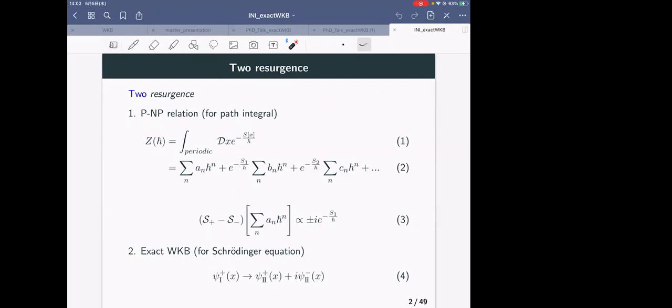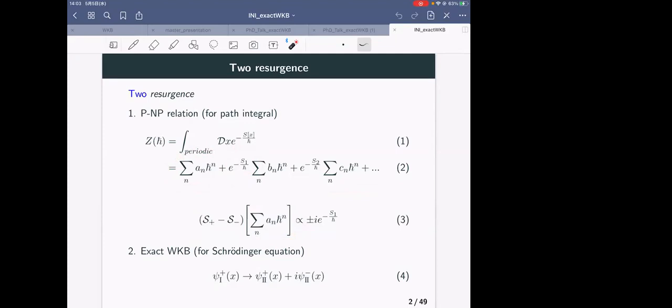To calculate such a physical quantity, we always use a perturbative expansion like this. And using Borel summation of the perturbative part, we can obtain the information of the non-perturbative part from the Borel ambiguity of the perturbative part. This is called the P-NP relation.